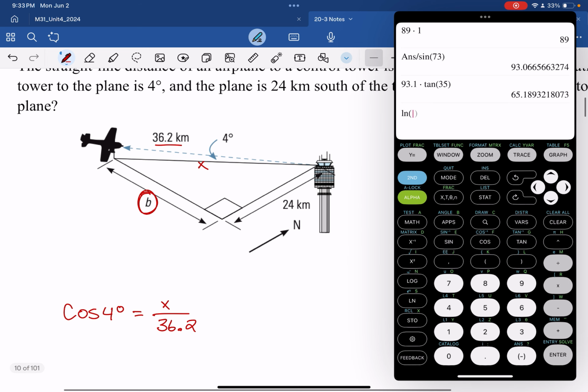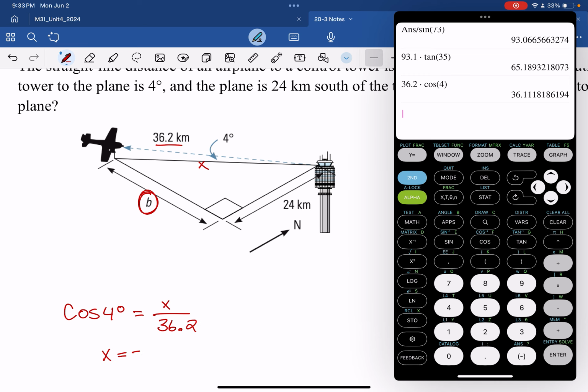So to figure out that distance, I'm going to go 36.2 times cos of 4, which will be x is 36.1, and this is in kilometers. So that means that this is 36.1.